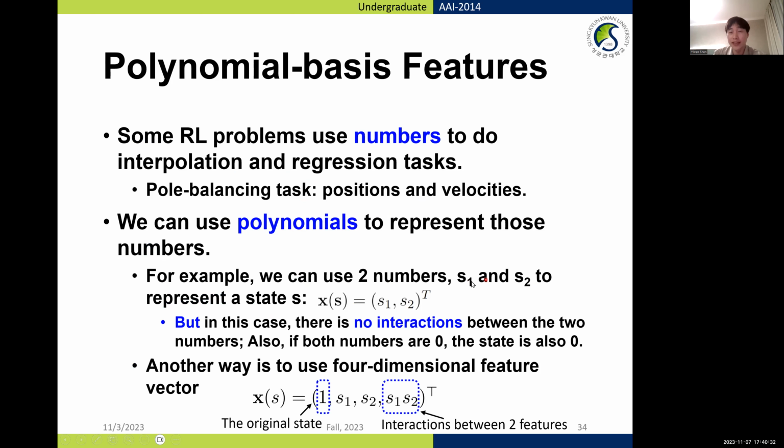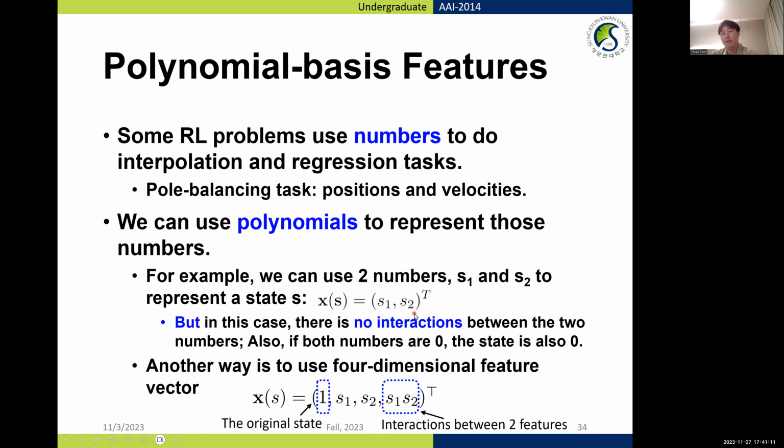For example, we can use two numbers s1, s2 to represent a state s. In this case, x(s) equals s1, s2. Remember, originally the state is s, and now we are using subscripted numbers to represent the features of the state. As mentioned in the previous example, there's no interaction between these two features, s1 and s2.